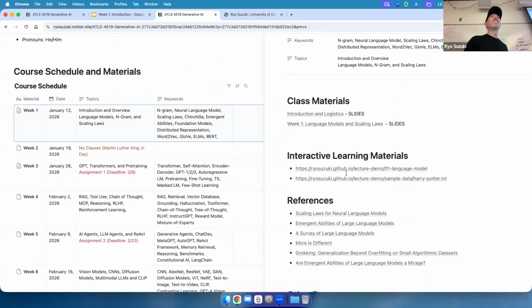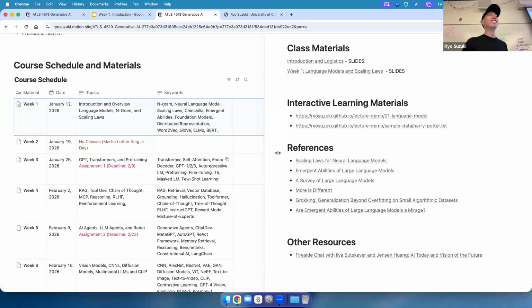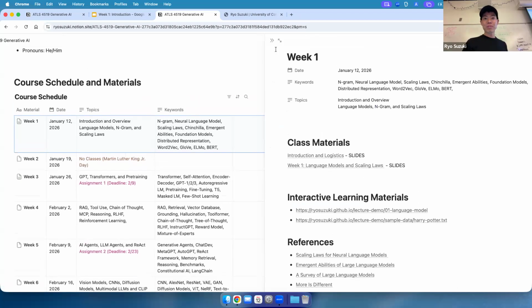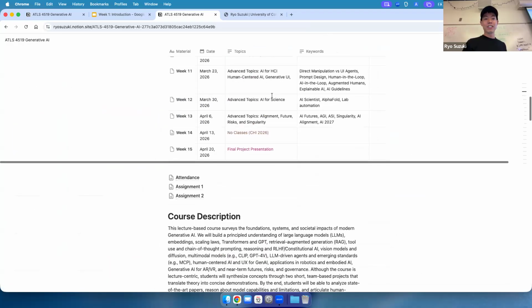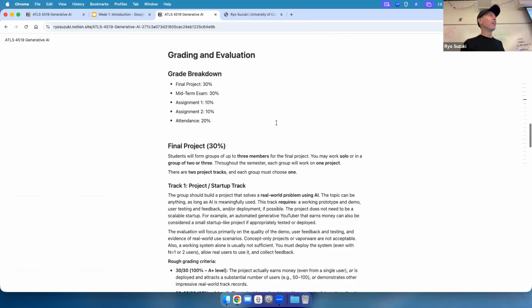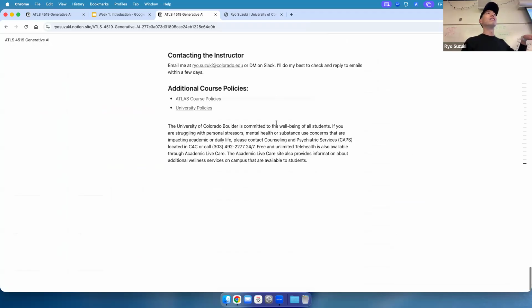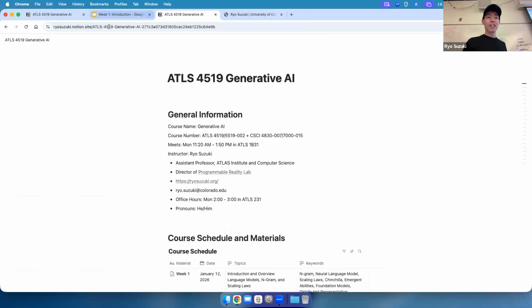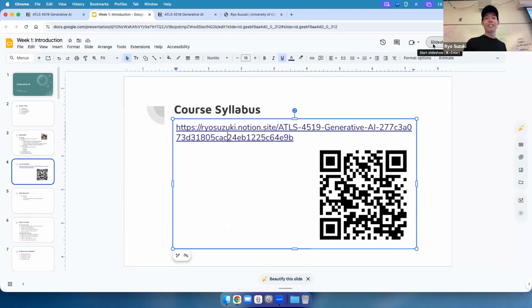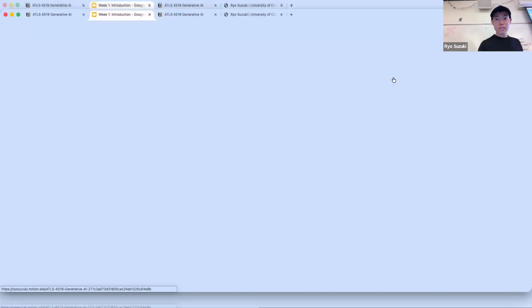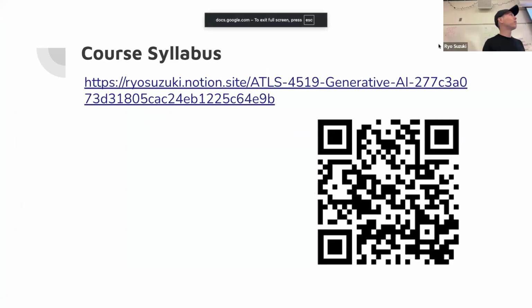There may not be enough here yet, but please try to look through it, and there are resources for each week, as well as course evaluation, policy, and grading and evaluation. Please refer to this syllabus. Again, you can also get this link from Canvas. The link is here, just in case.